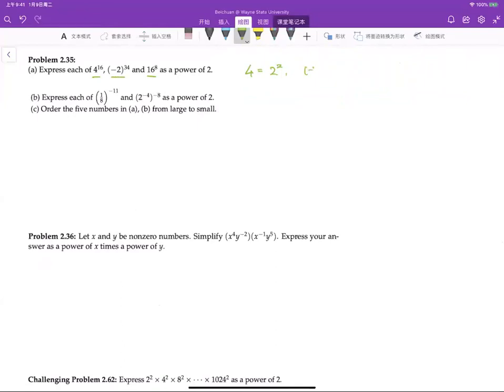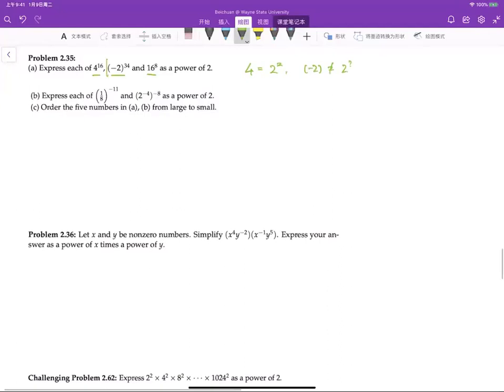And the negative 2, well, there is no way to rewrite it, right? Because negative 2 is not equal to 2 raised to any exponent. No matter whether the exponent is positive or negative, the power is always positive. So you have to see if there is any way to simplify the whole expression.